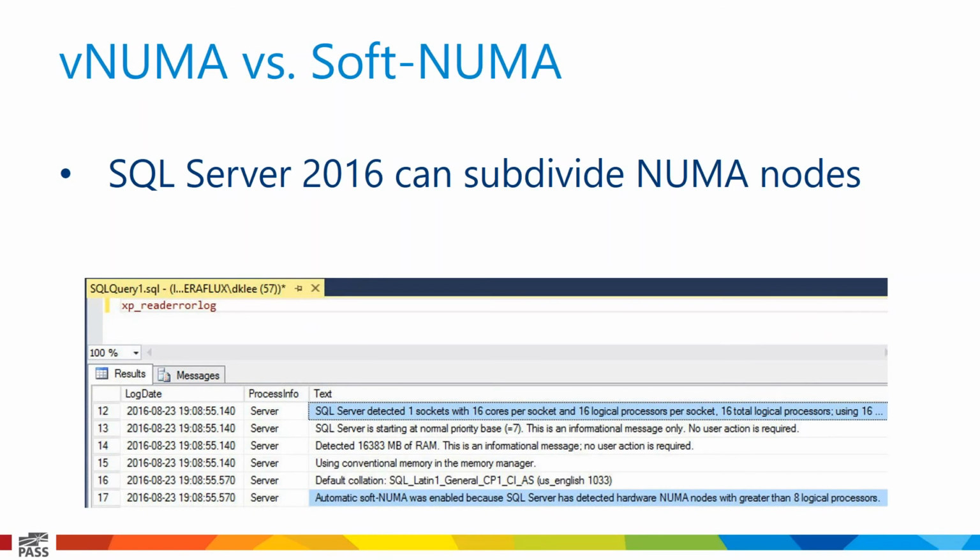Think about that. So now if my physical servers are, let's say, 2 by 15, I can build a VM here, let's say 2 by 14, so 28 virtual CPUs. Okay, SQL Server might come along and say, well, you've now got 4 NUMA nodes, each with 7 virtual cores. And it might actually start using it like that.